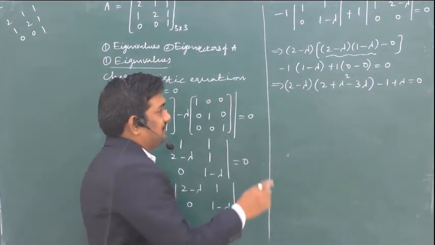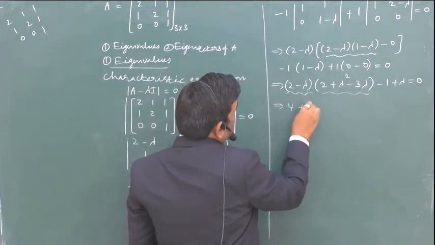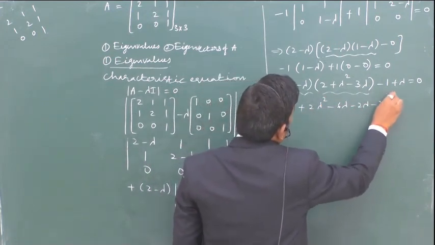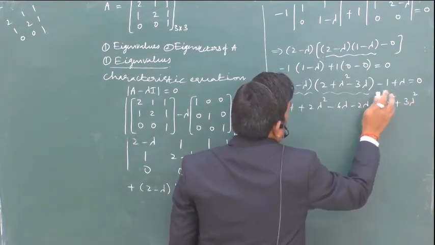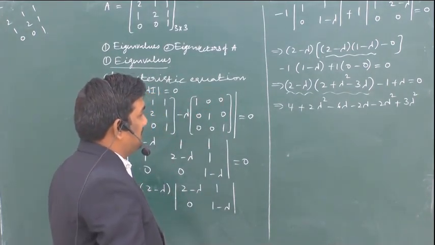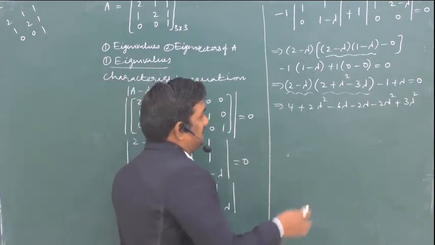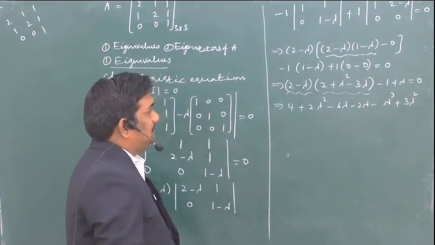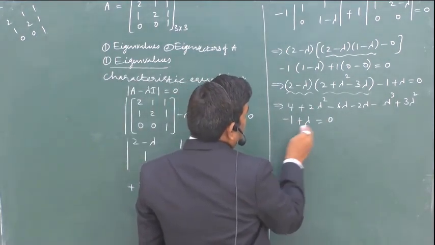Okay, now multiply these two factors. It will be 4 plus 2 lambda square minus 6 lambda minus 2 lambda, minus 2 lambda square plus 3 lambda square, minus lambda cube, plus 3 lambda square, minus 1 plus lambda equals 0.